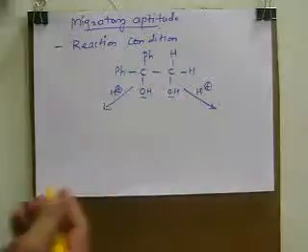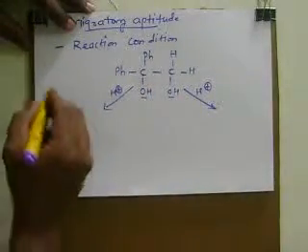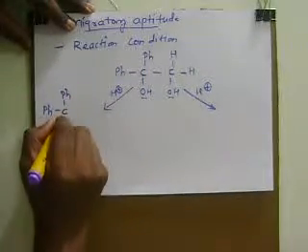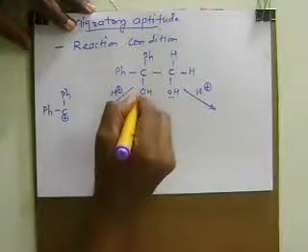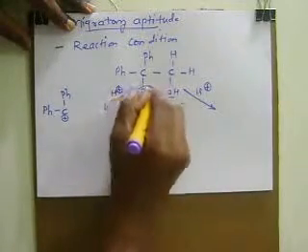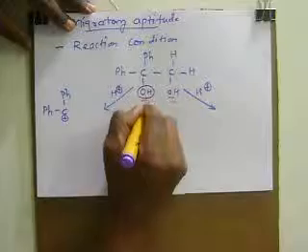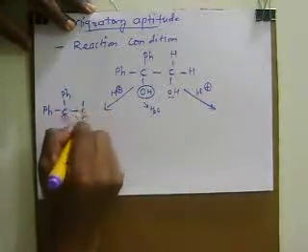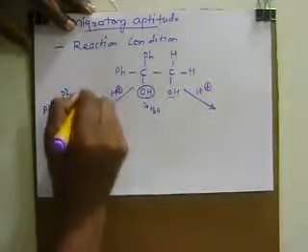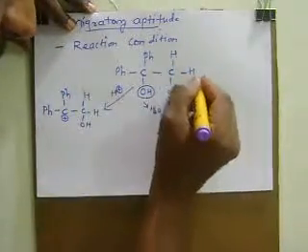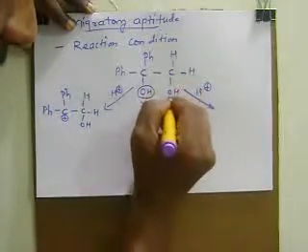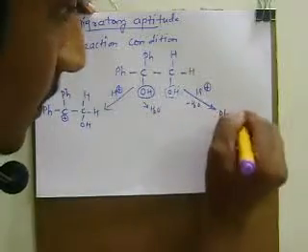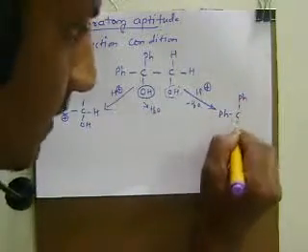Suppose we have 2 hydroxyl groups, that means we have 2 possible carbocations. In the first case, the hydroxyl group is attacked by proton and lost as a water molecule, so we get this carbocation. In the second case, the proton attacks this hydroxyl group and it is lost as water, so this is what we get in the second case.